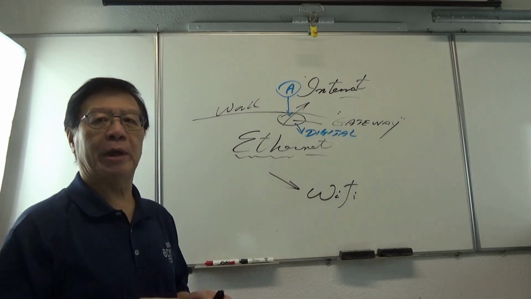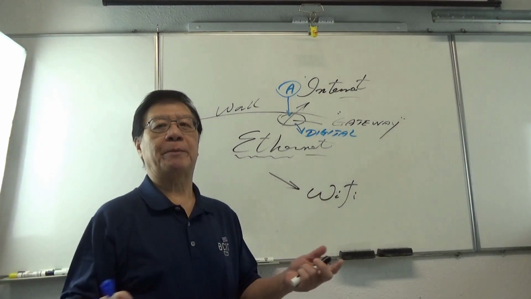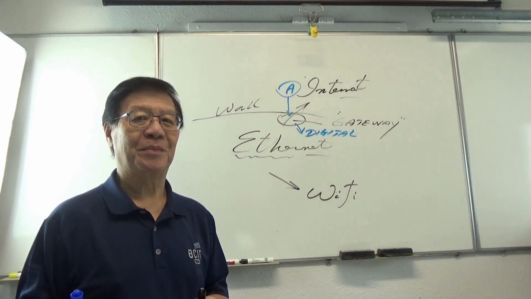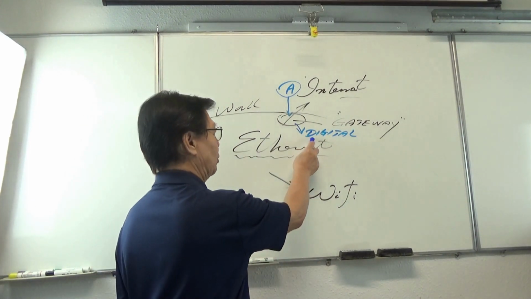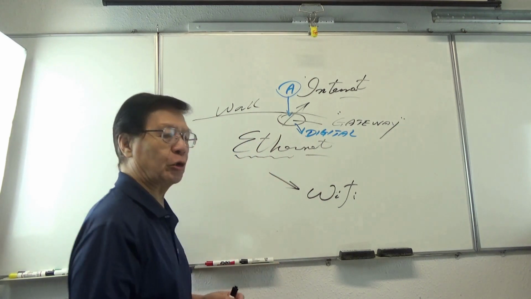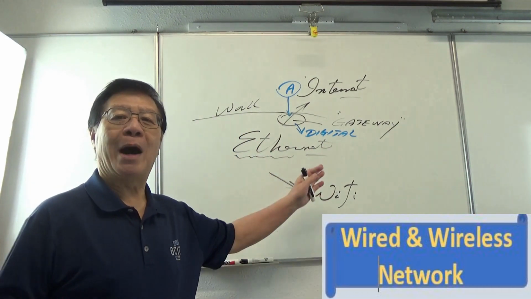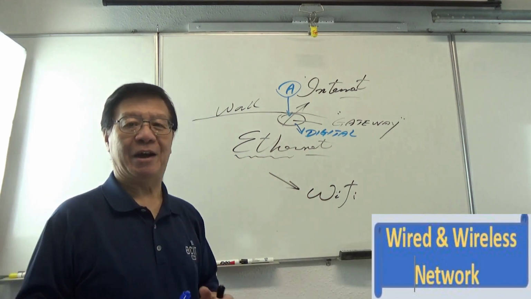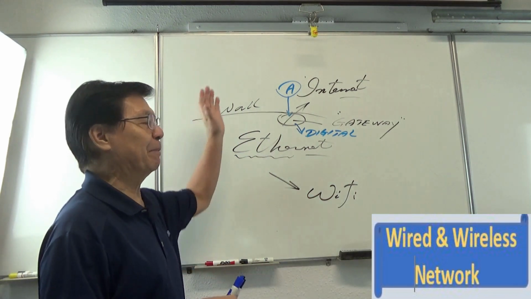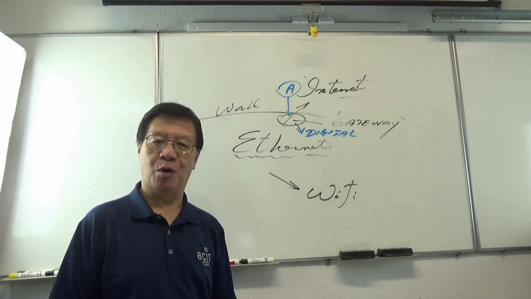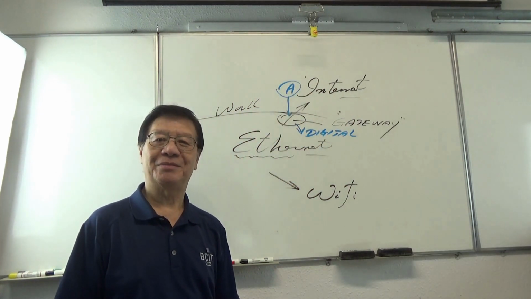Still remember what digital is? Digital is binary. Binary is digital. That's simple. After getting digital, Ethernet takes the digital signal and does something further, like a wired network or a wireless network. That's the big picture of how the internet world works.